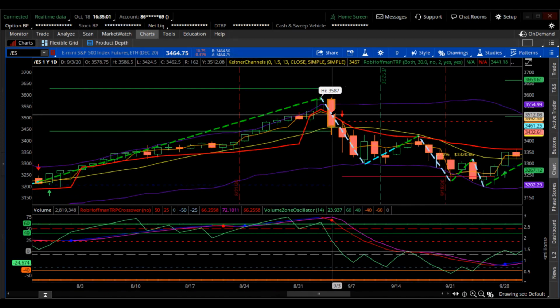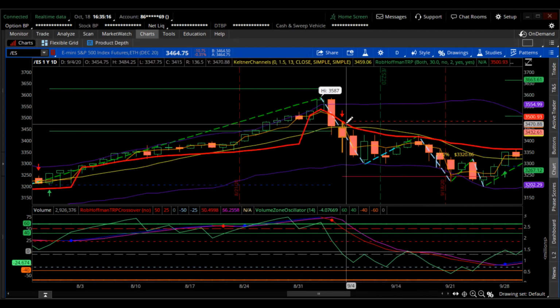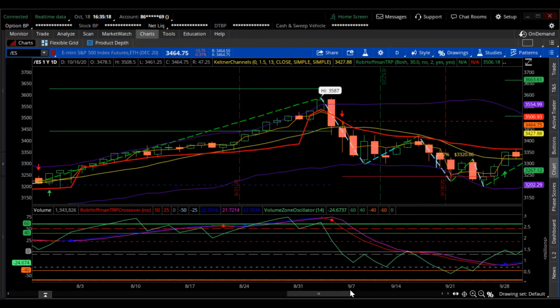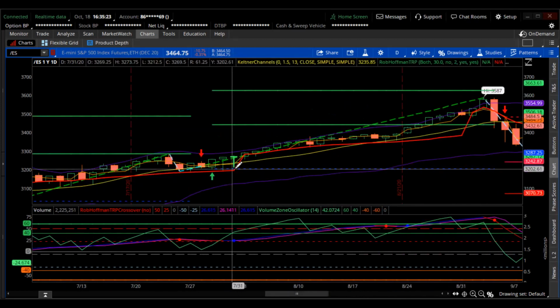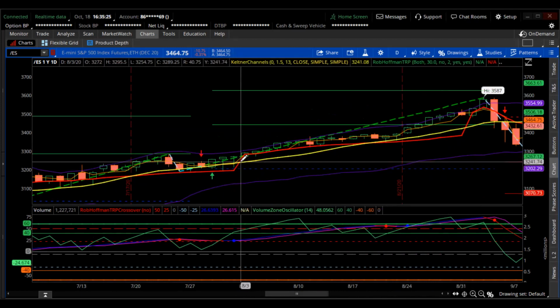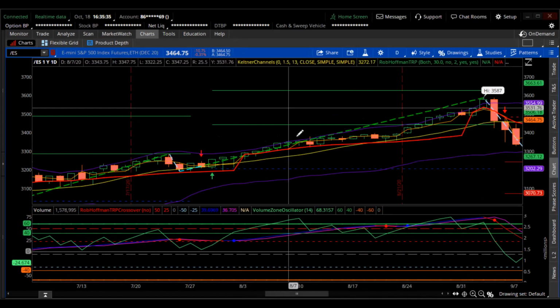Anyway, September is always the down time in the months of the year. So that's how I use the crossover of the VWAPs. A crossover of the weekly VWAP and the Keltner is short as well. If you have a crossover of the monthly VWAP and the Keltner that is long, that's another thing you could use. They are important to me because I've been using them for a while.